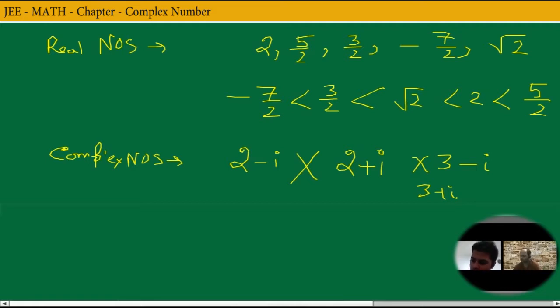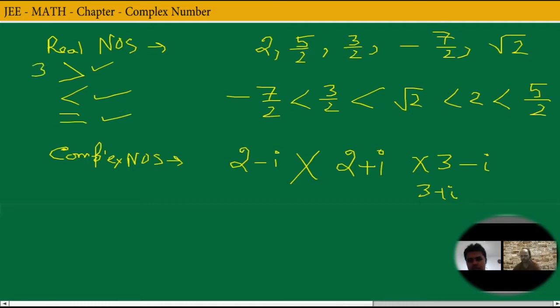So if you are asked which complex number is greater and which is smaller, the answer would be no conclusion. We can't conclude that because there is no such relation. Between any two real numbers there are only three relations possible: greater, less or equal.